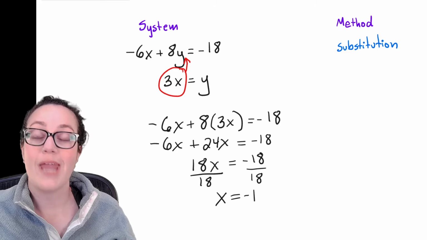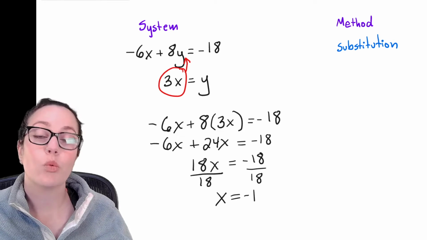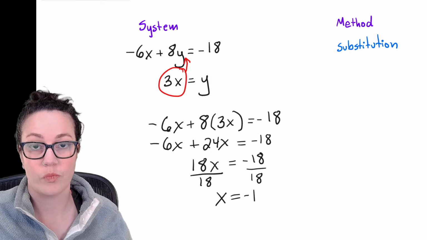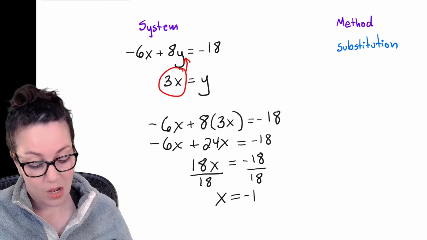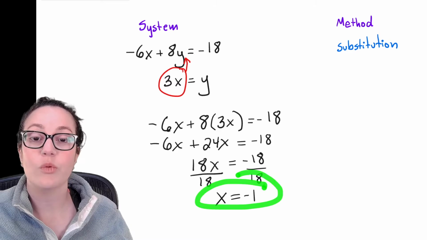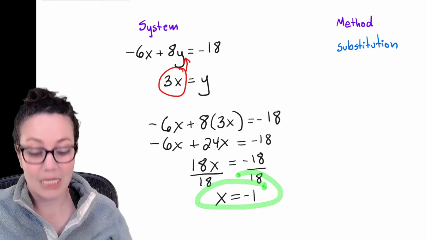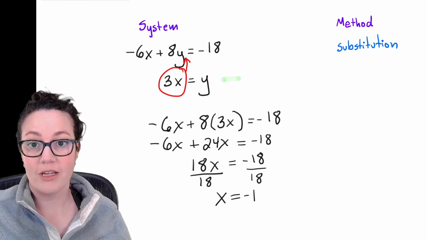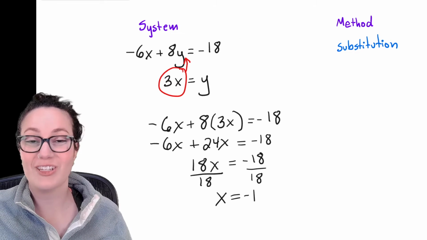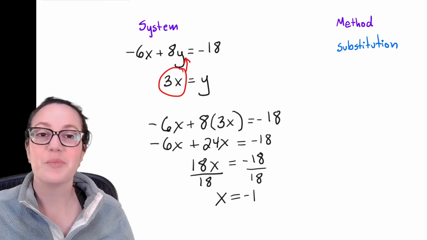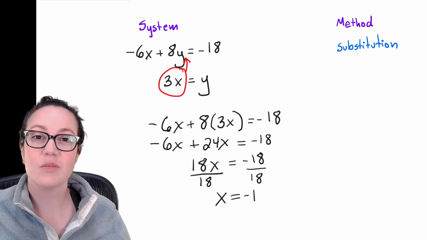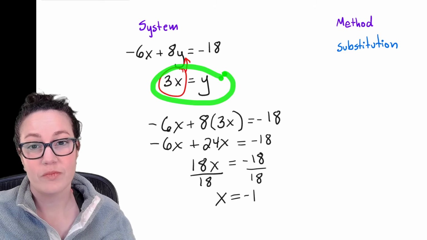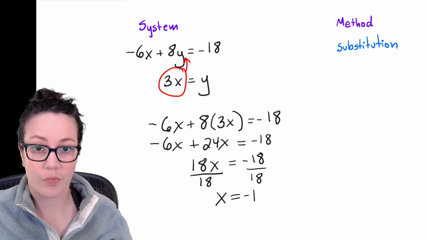Okay, so now we know what x is, but we're not done solving this system. We have to find what y is also. To do that, we plug our value that we found for x back in to either equation. You can do both to check, or if you're feeling confident, you can do one. I would recommend while you're learning, plug it into both just to be sure. So I'm going to pick this one to start with because it's a little bit simpler.